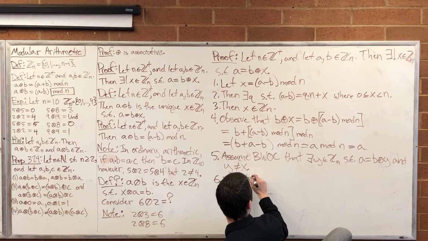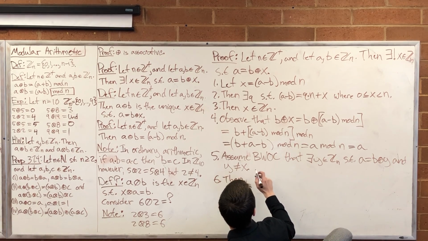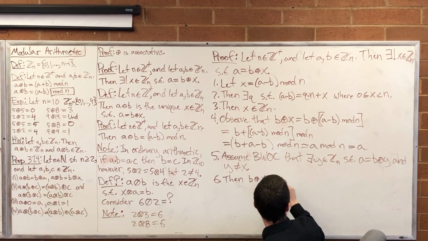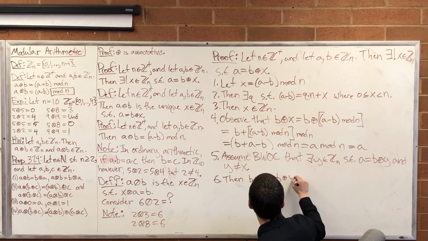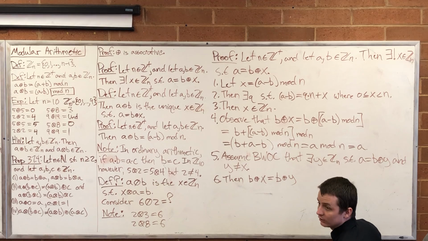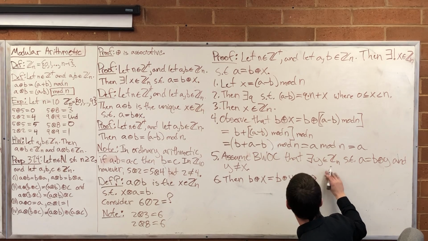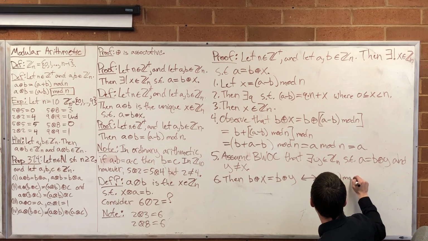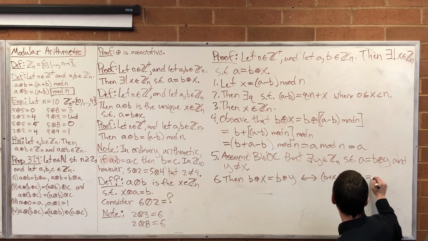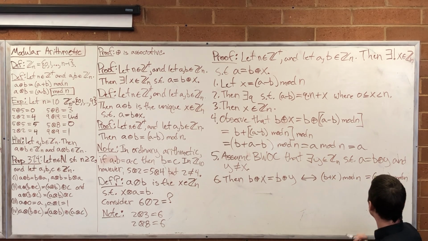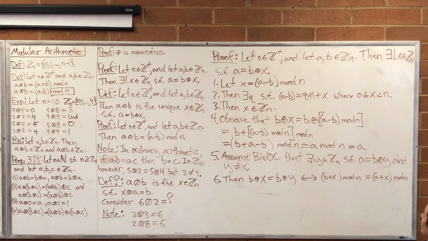Then, let's see, how are we going to do this? So then we have b plus x is equal to a is equal to b plus y, right? Which is the exact same thing as b plus x mod n is equal to b plus y mod n.